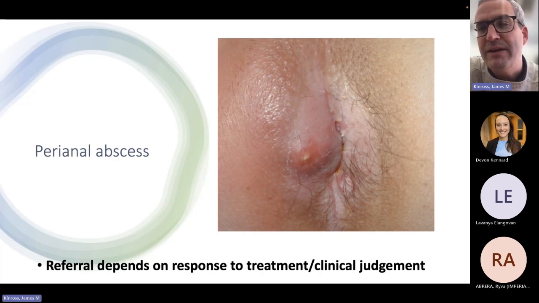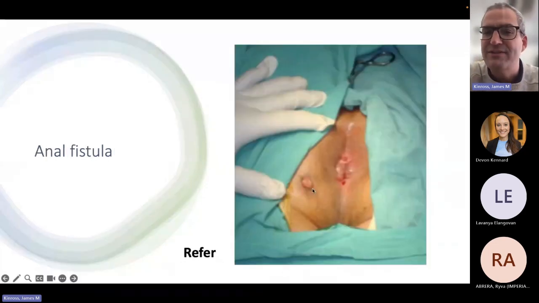Now, it might be that there is already a fistula there, it just hasn't manifested itself yet, but that is an acute abscess. This, sorry, it's a terrible photo, is a fistula, which is very different. So here, there's no cellulitis, there's no infection, there's no pus, there's no redness, and the external tract is quite somewhere away from the anal margin.